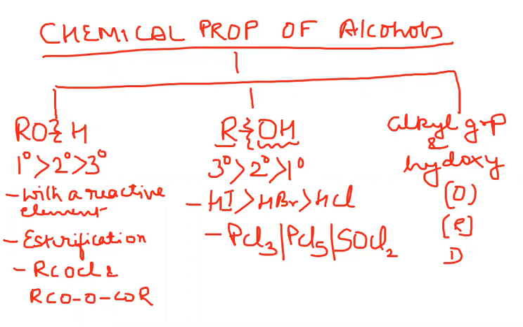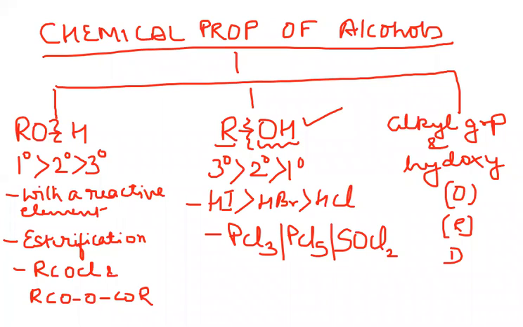Dehydration also depends on whether you are using alumina or a hot copper tube. The primary, secondary, and tertiary will show different reactions. So basically today we will be concentrating on this chemical property, that is the cleavage of the carbon-oxygen bond.